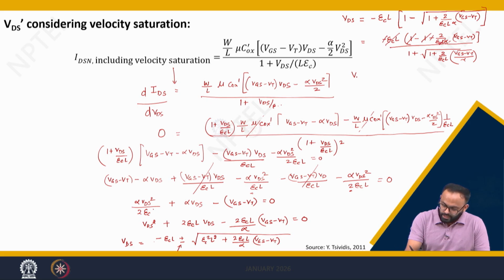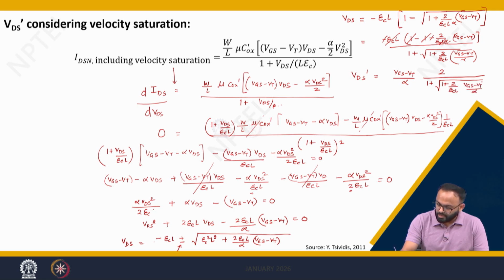Ultimately, the final value of VDS dash is equal to VGS minus VT divided by alpha into 2 divided by 1 plus square root of 1 plus 2 divided by EC into L VGS minus VT divided by alpha.